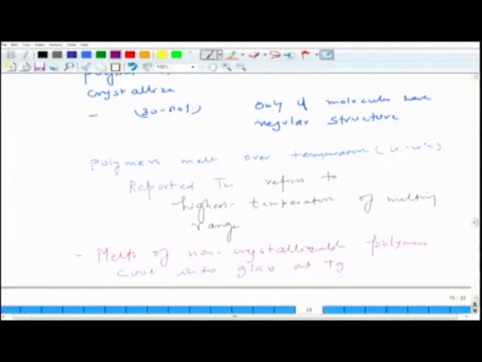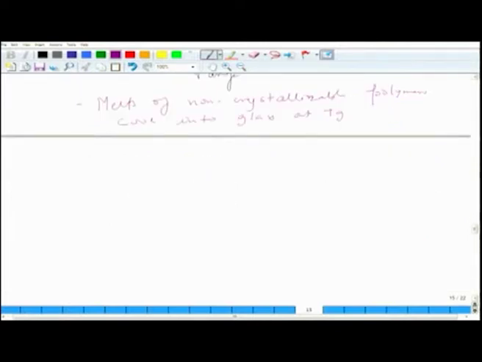So let me just draw a typical specific volume versus temperature plot. A typical way, if you consider a usual liquid, is that the specific volume drops as you decrease the temperature, and at the typical freezing temperature it attains usually the crystalline state.